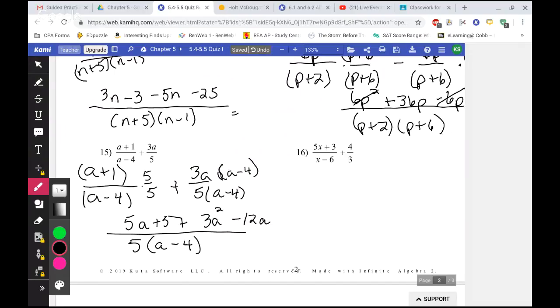And then I'm going to combine like terms. I'm going to write my answer up here. And I'm going to have 3a squared minus 7a plus 5, all over 5 times a minus 4.